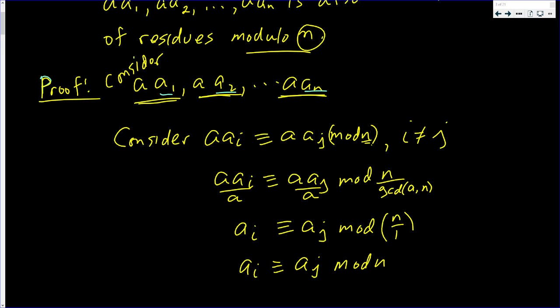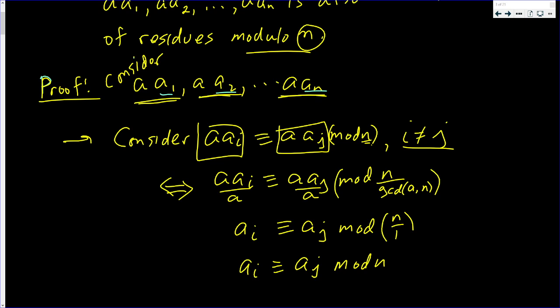That is, these two are different as long as i and j are not the same. Because this first line is if and only if the second line, all I did was divide by a, and I have to play games with the mod. But that's if and only if a sub i equals a sub j, but this is not true.